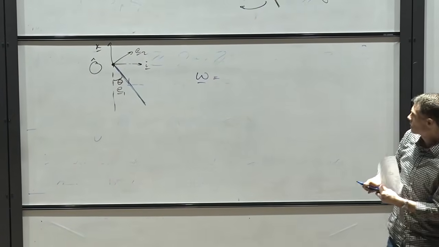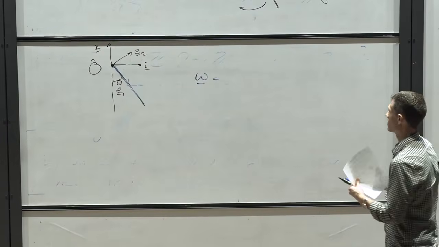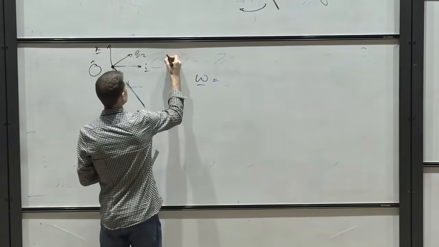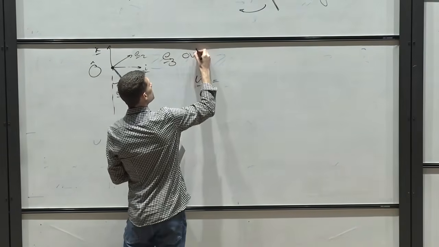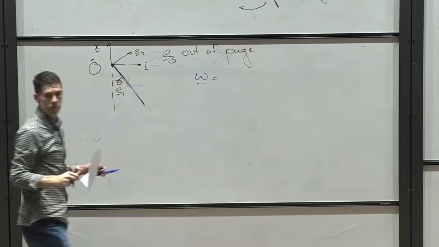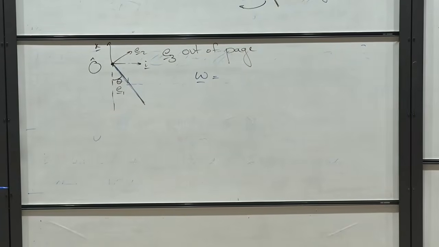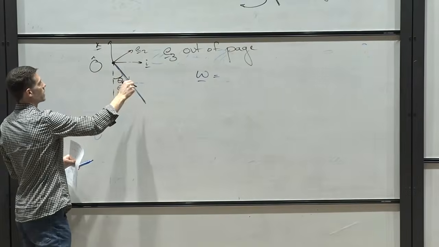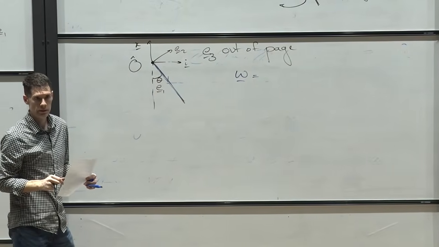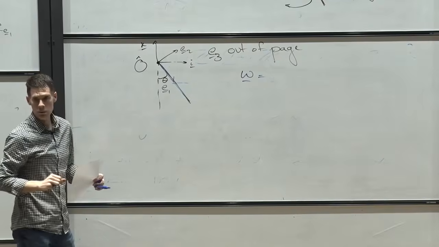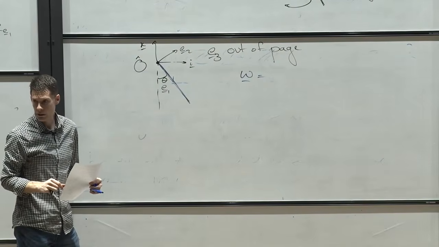So E1's there, E2 is pointing there, so E3 is coming out of the page. As this pendulum swings back and forth, it is rotating only about that E3. So I expect omega to only have an E3 component.